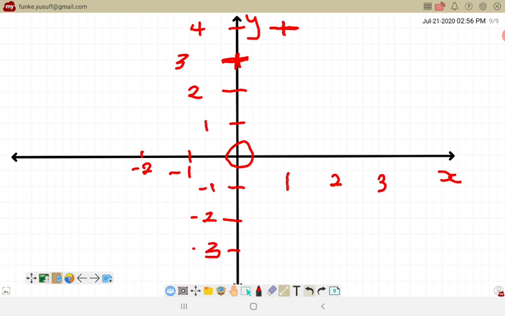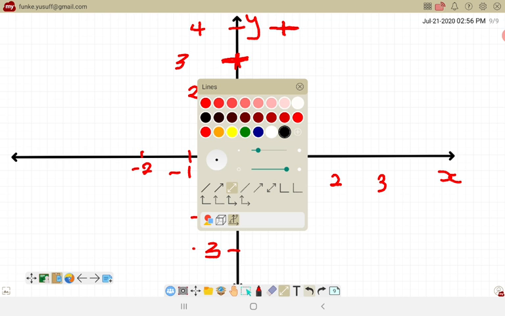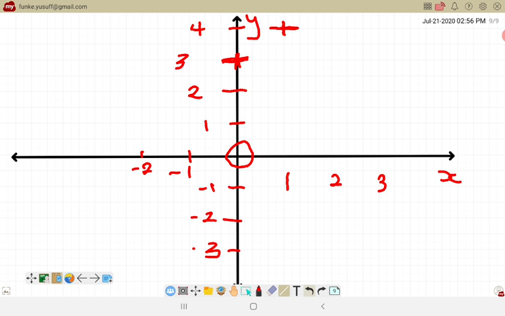So the graph of this relation simply continues this way, to the top. So this is how to plot the graph of a relation.